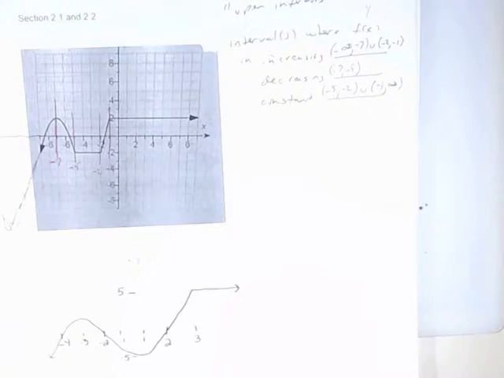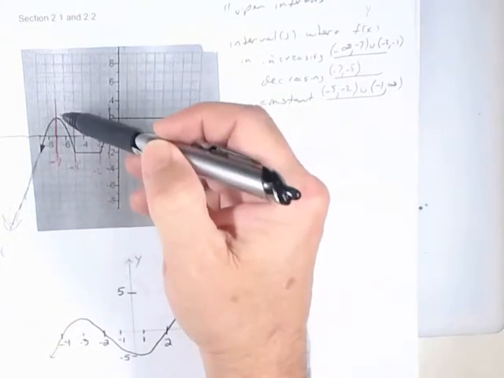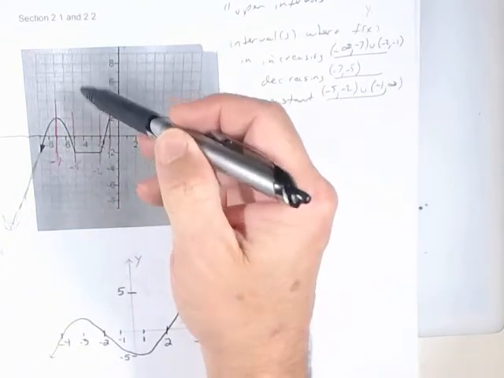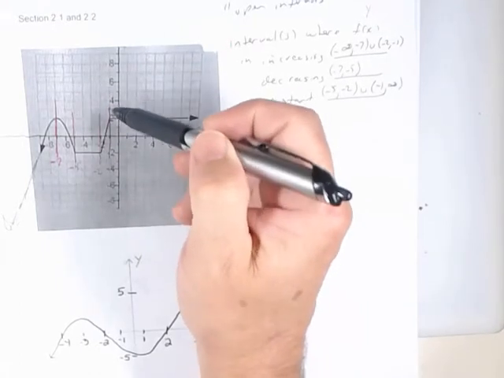Others do. So that increasing, decreasing, constant, those intervals come from the x-axis. So that's where your y values change. They're increasing, all of a sudden it changes to what? Decreasing. It changes to what?